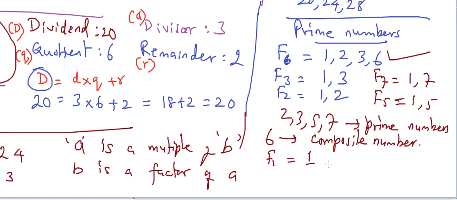Therefore, 1 is not a composite number. In other words, 1 is neither prime nor composite. It is important to know this.